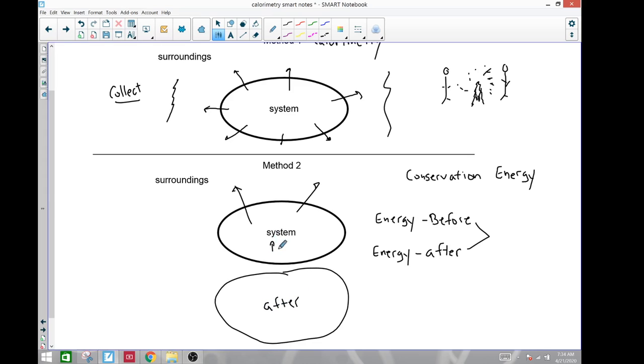If you subtract these two, the net difference or change in energy would be the amount of energy the system lost or gained. If it's losing, we have a graph looking like this: energy before, energy afterwards, and the net difference is your energy change.